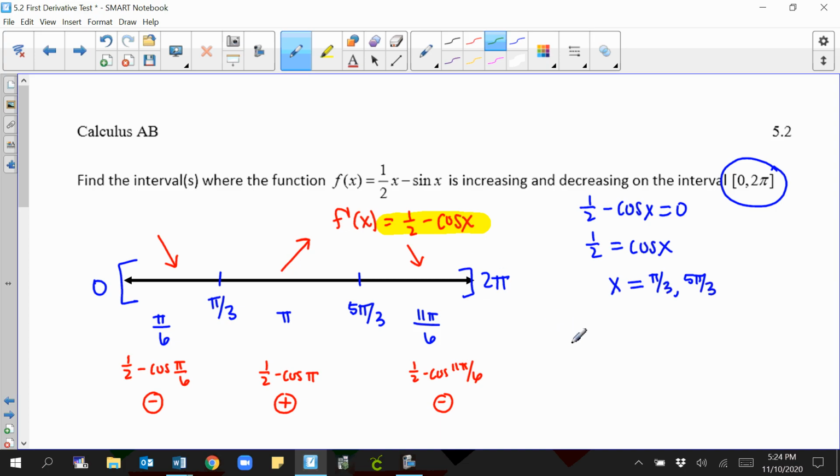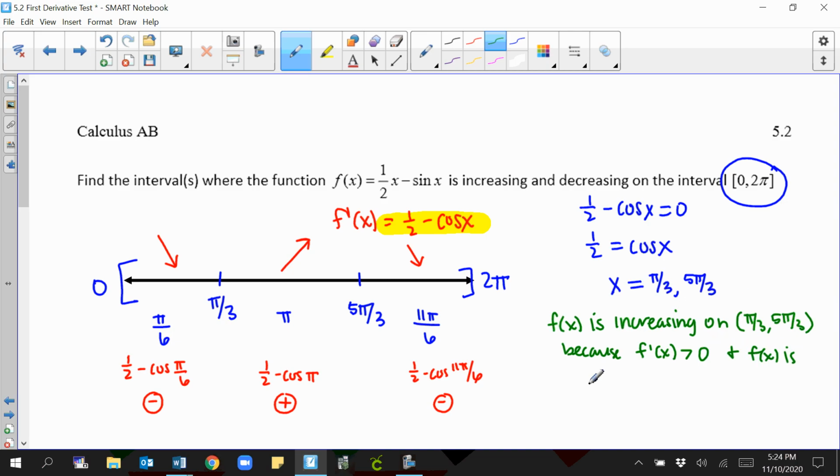So the conclusions that I'm going to say: f of x is increasing on my interval pi over 3 to 5 pi over 3 because f prime of x was greater than 0, and f of x is decreasing on my interval from 0 to pi over 3 union 5 pi over 3 to 2 pi because f prime of x was less than 0.